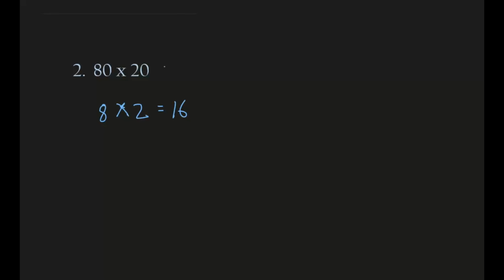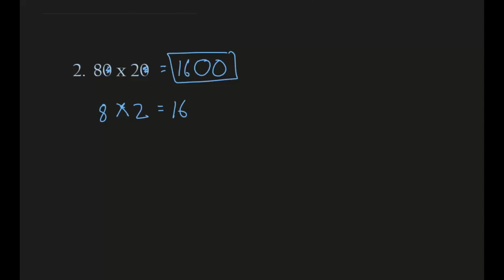So we're going to put a 16 over here. Then let's count the number of zeros. Again, we have two zeros in total, so we're going to add two zeros here. 1 and 2. So our answer is 1600, or 1,600, whatever you prefer to call it.